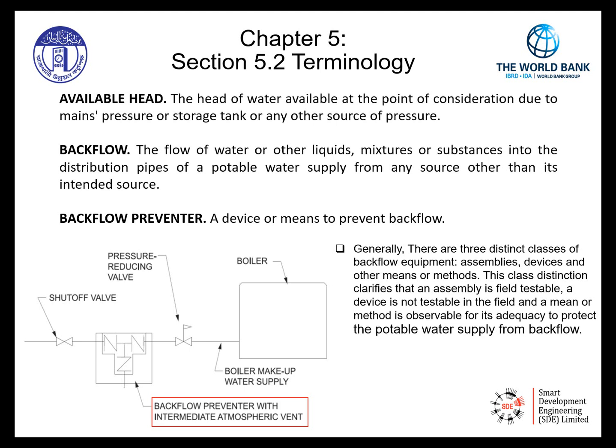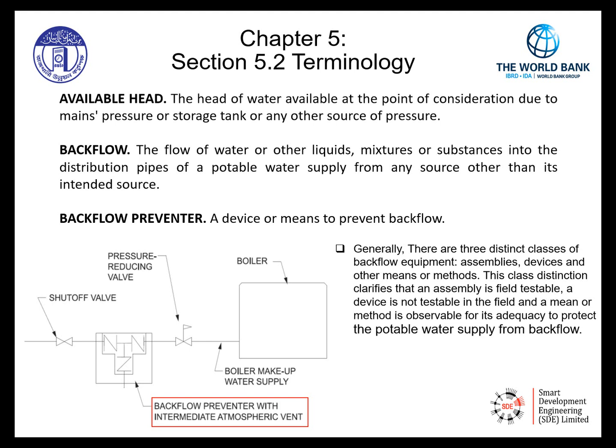As can be seen here, this is a backflow preventer with check valves. As you can see, it's an intermediate atmospheric vent type designed to prevent backflow going from the boiler back into the potable water source.